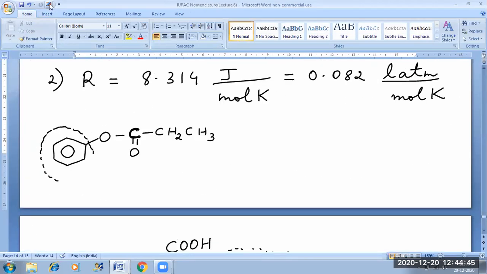Can I say that if ester is the principal functional group, this carbon has to be carbon 1 because there is no other principal functional group. This will be the numbering of the compound. Benzene will act as a substituent. And now what is the name?